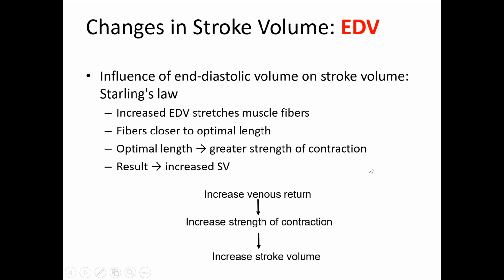So the basic principle of the Starling's law is that if I increase venous return, and remember, venous return is how much blood comes back to the right side of the heart, I'm going to increase how much blood is filled into my ventricle, that end diastolic volume. And then I'm likewise going to stretch my fibers closer to their optimal length, increasing the amount of force that they can generate. And then I'm going to increase my contractility and increase how much blood is ejected as a result of that.